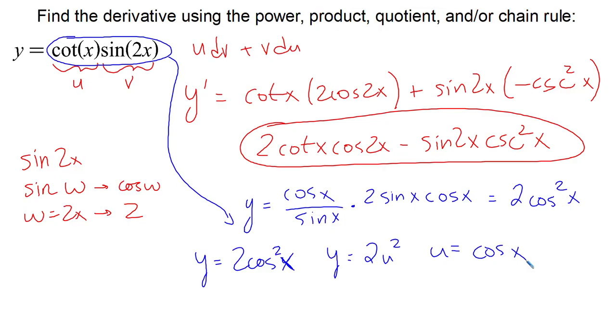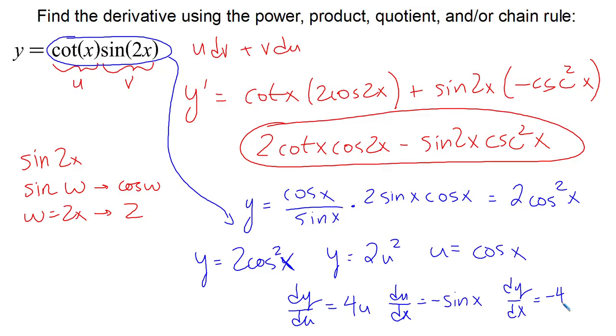And so then we'll use the chain rule on that. And so the derivative of y, or the derivative of 2u squared, ought to just be 4u. So dy du is 4u, and du dx is negative sine x, the derivative of cosine. So we just end up with negative 4 u, which is cosine x, and sine x.